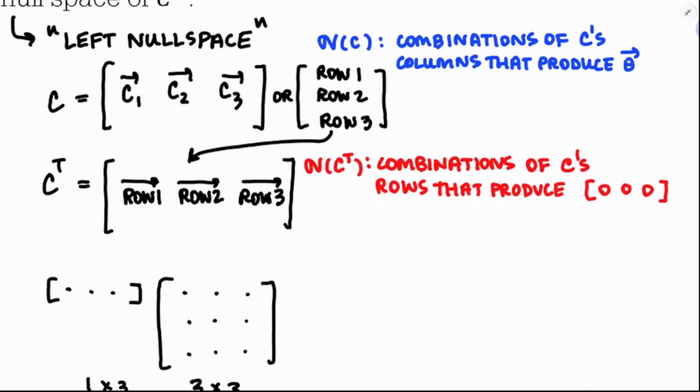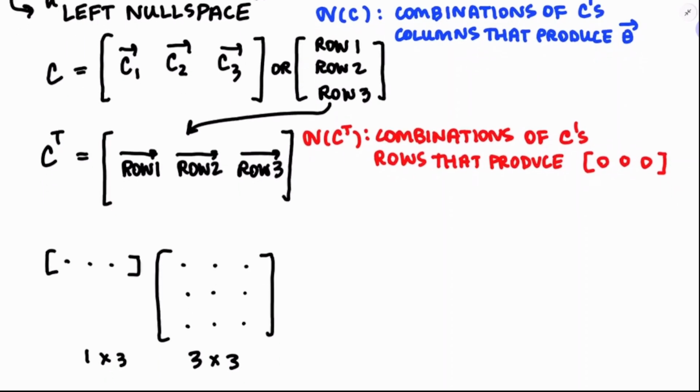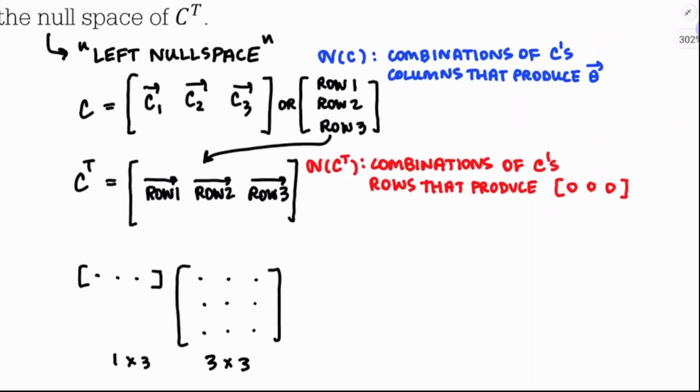Multiplication of a matrix on the left by a row vector like that is going to be a combination of the rows, in the same way that multiplying by a column on the right is a combination of the columns. So if we are thinking about the null space of the transpose being combinations of the rows of the original matrix, then that's where the left null space terminology comes in, because that multiplication is on the left.